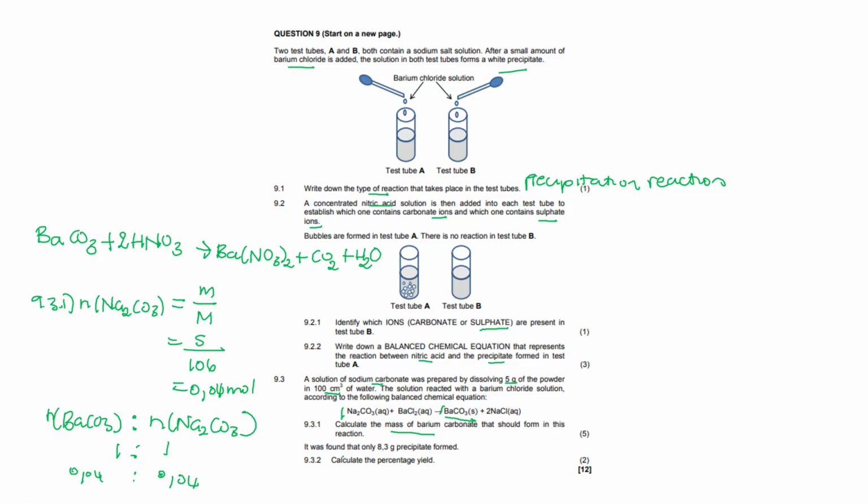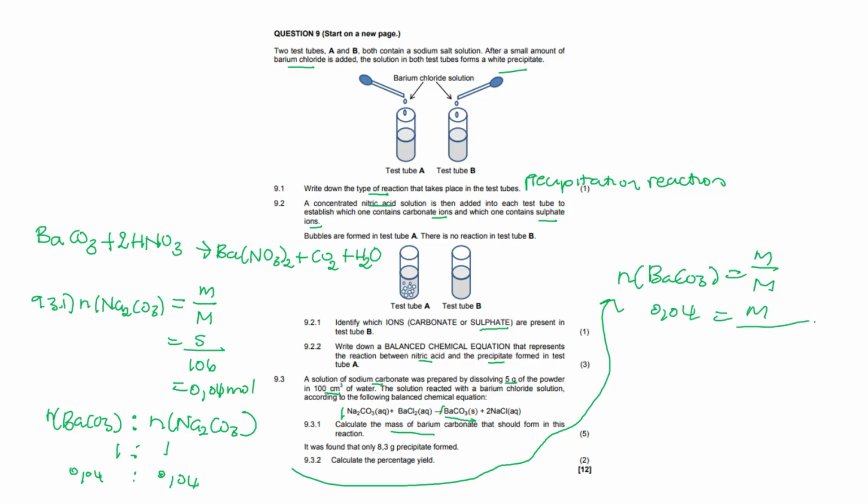Okay. Then I'm going to just go all the way up here and continue my calculation. They want the mass, right? So remember the calculation is that. So now we have 0.04. We want this mass and we can easily calculate the molar mass, right? We just go back to the periodic table. Okay.